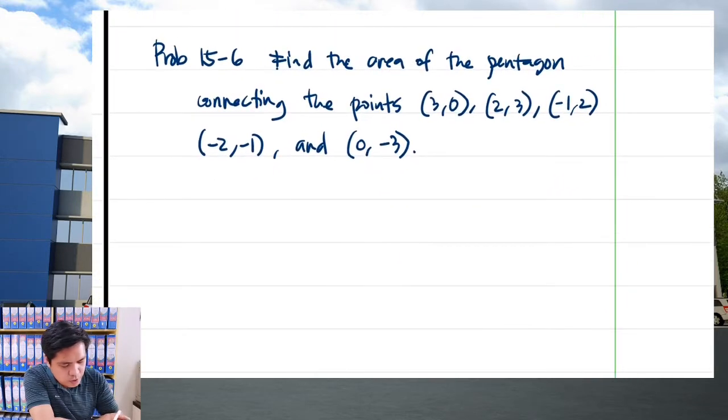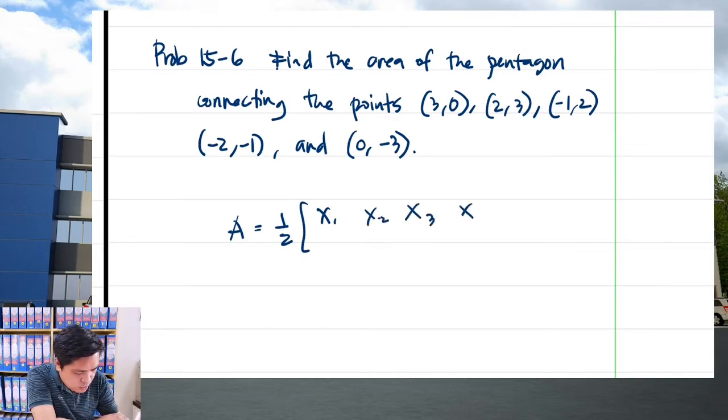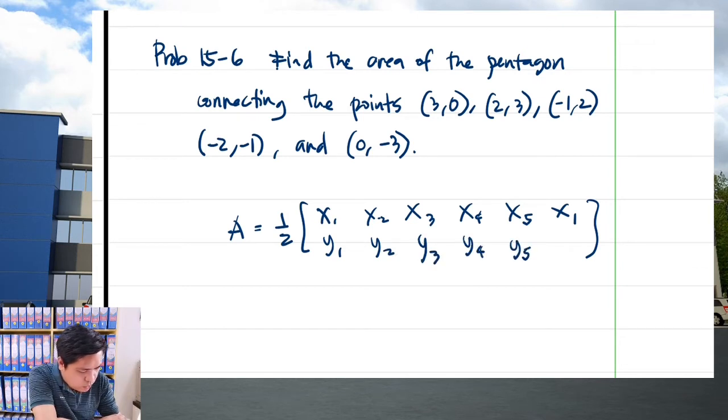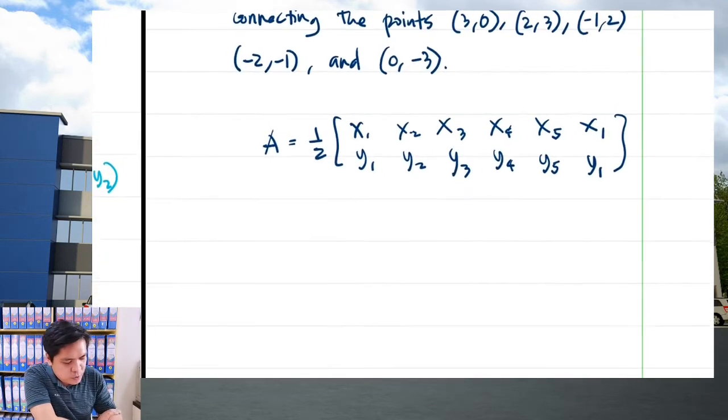So, meaning yung area natin is 1/2 times x1, x2, x3, x4, x5, then return to x1. Then y1, y2, y3, y4, y5, then return to y1. Okay? So, just use that pattern.